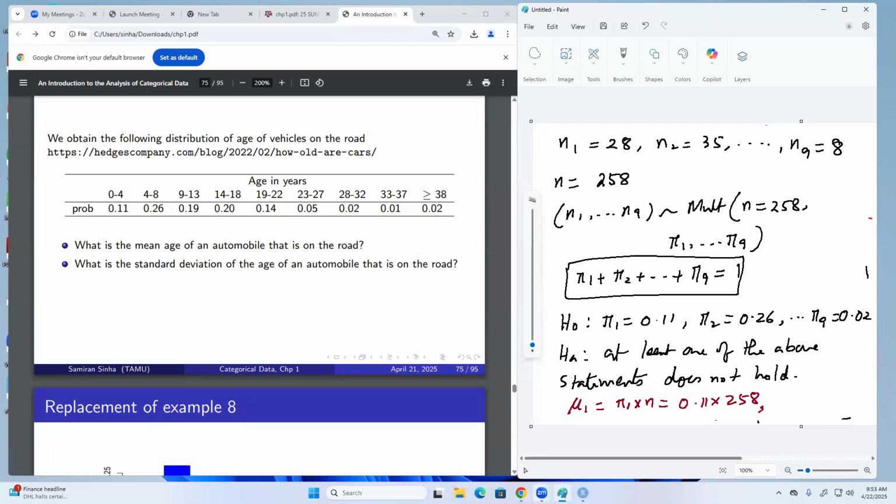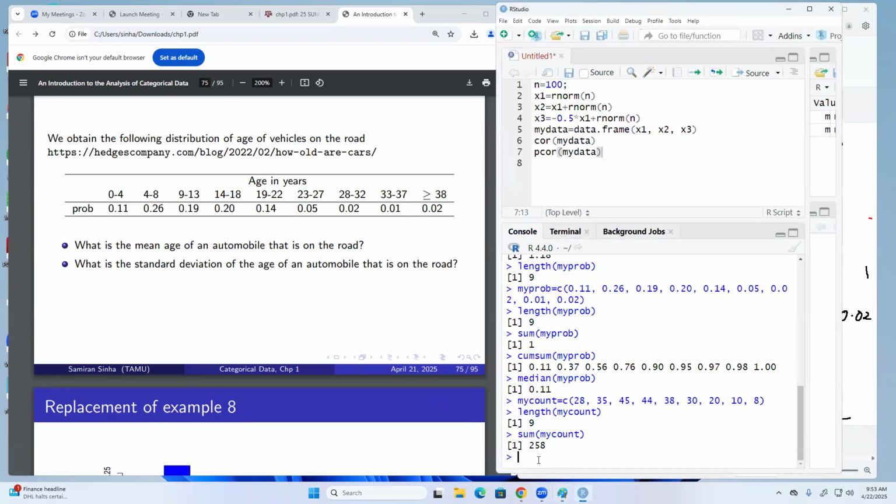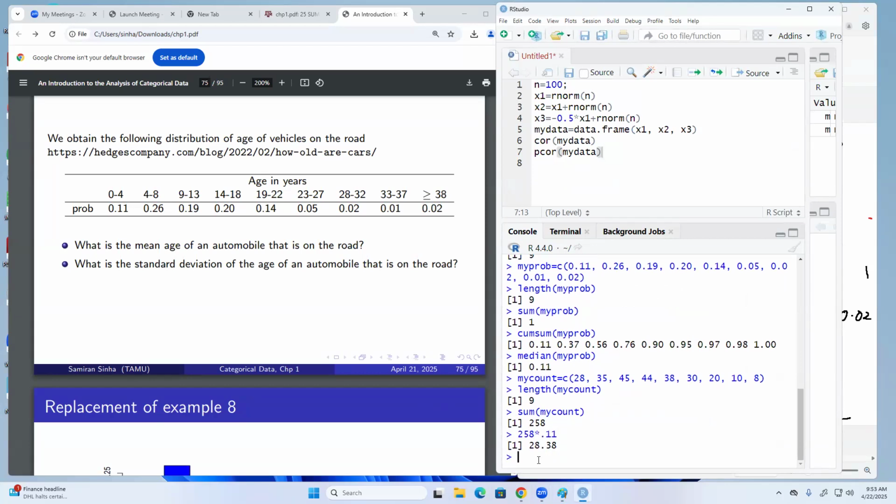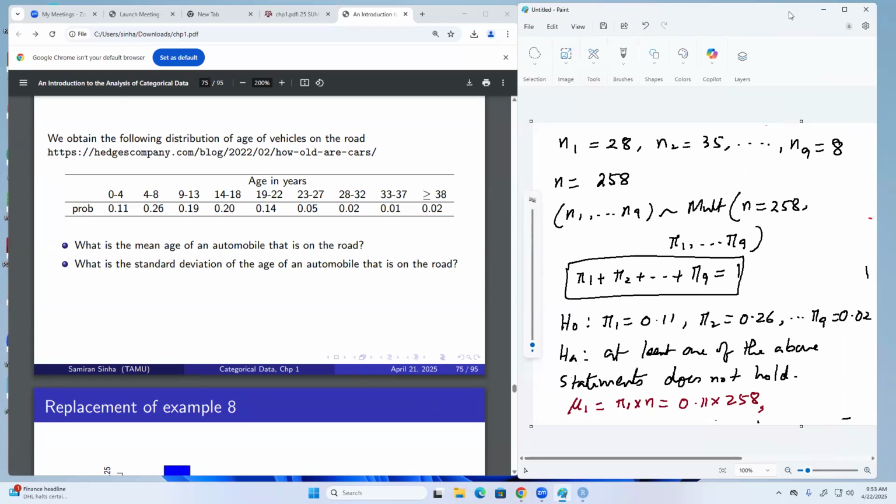Let us do that calculation. 258 times 0.11 is 28.38. And likewise, you can calculate the expected count for other categories.